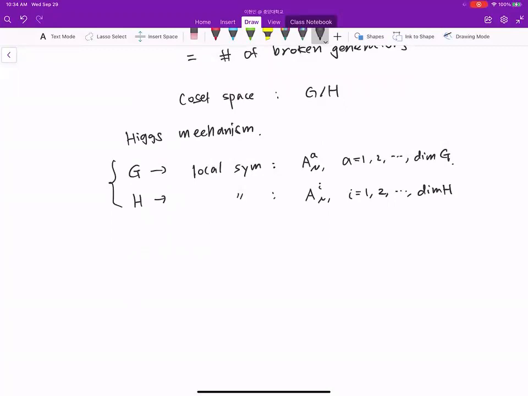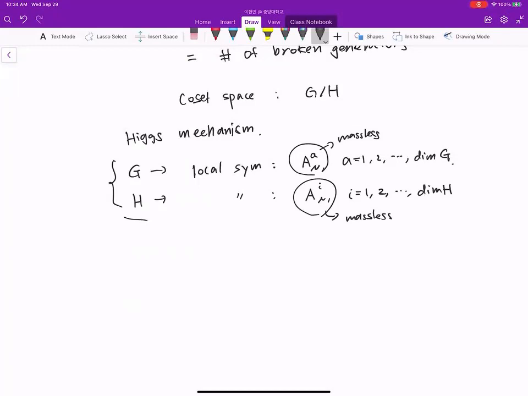Then in this case, some of these A are the same A, but you are missing something. So these are massless. We are counting only massless gauge bosons, but there are massive gauge bosons which do not belong to the massless gauge bosons for H.